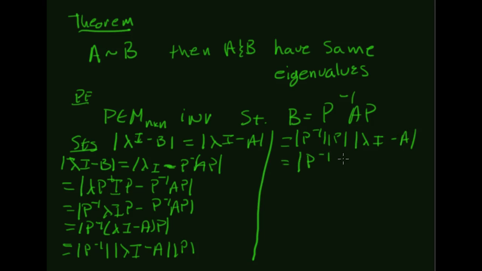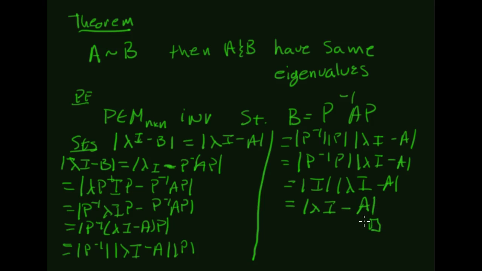The determinant of P inverse P times the determinant of lambda I minus A is the determinant of I times lambda I minus A. And the determinant of I is 1, so this is just lambda I minus A. And that's what we're trying to prove: the two characteristic polynomials, lambda I minus B and lambda I minus A, are equal.